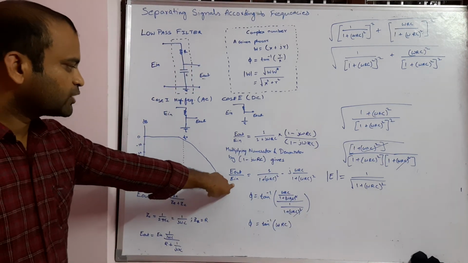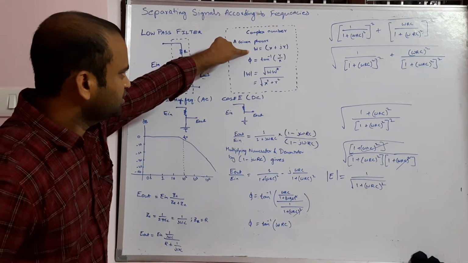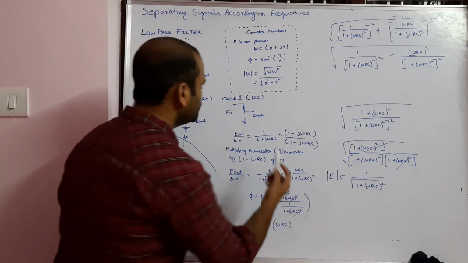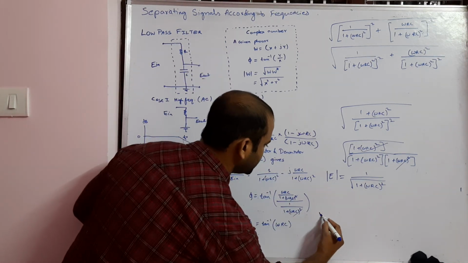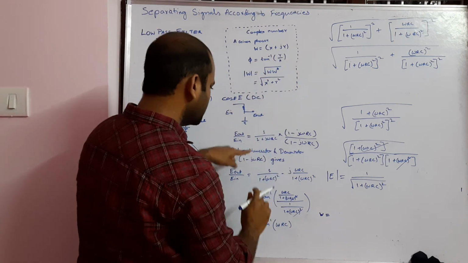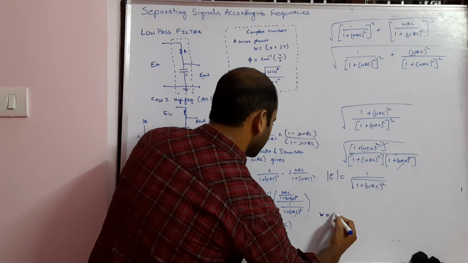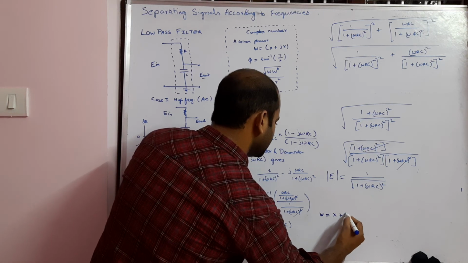Now this equation looks familiar, you can consider W is equal to x plus jy, right?